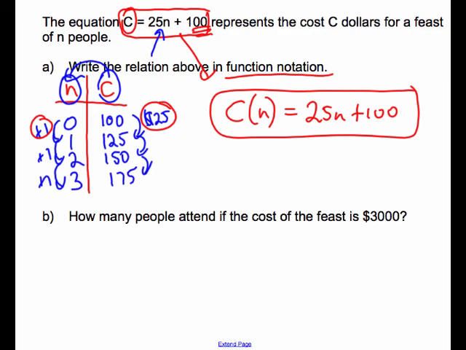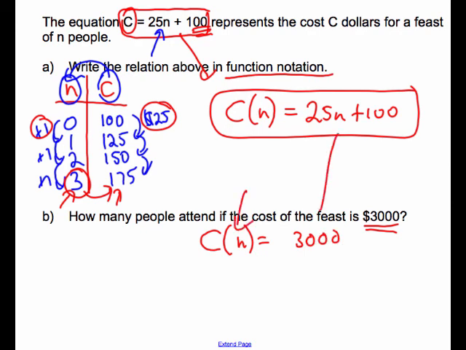Okay, if we have a feast that costs $3,000, the question is how many people attended. So that's saying on our cost function, okay, and remember by function we mean each input has one output. Okay, for a given number of people, there's only one cost. There's one associated cost for a given number of people, so it's a function. So if n people show up, the output is going to be 3,000. How many people is this?